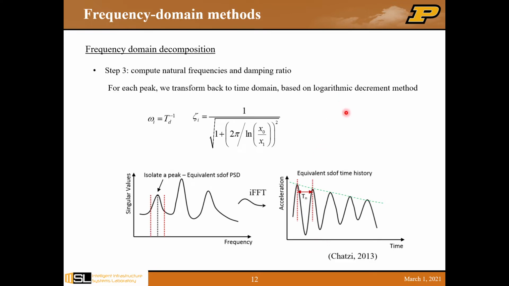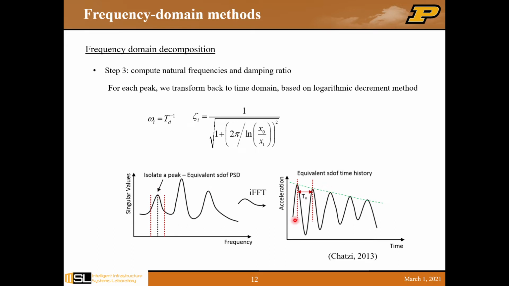The next step is to compute the natural frequency and damping ratio. For example, here is the first singular value plotted against the frequency. For each peak, we can first isolate that peak and transform back to the time domain.